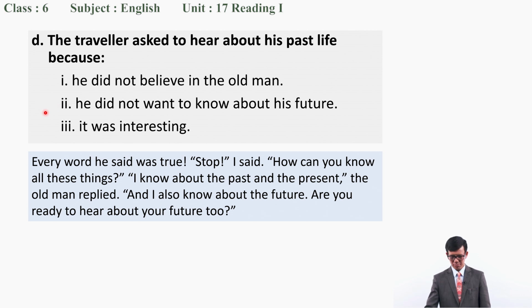You can guess from this reading that he did not believe in the old man. He did not believe that he can tell about his past, future, everything. So then your answer is yes. He did not have belief in that old man about his fortune, about the future.